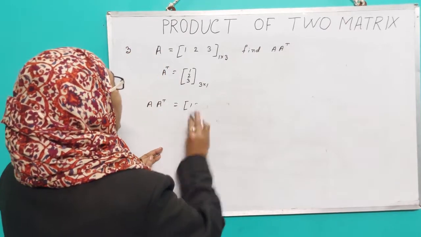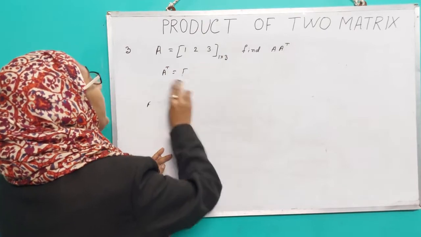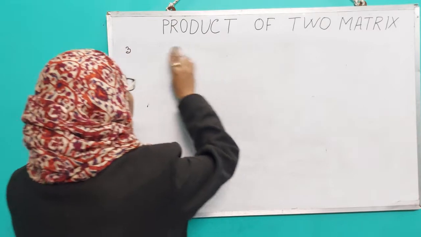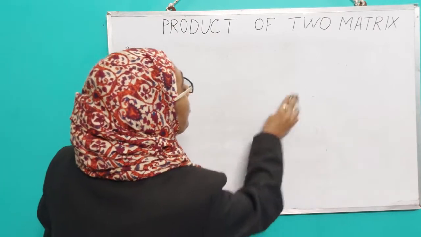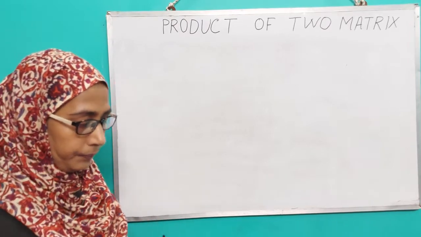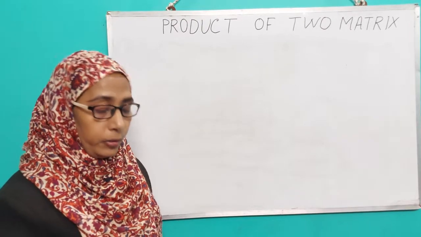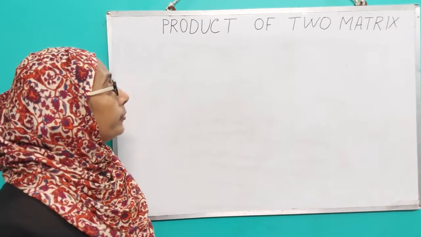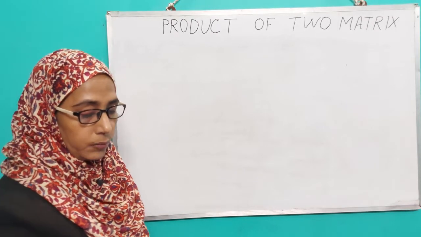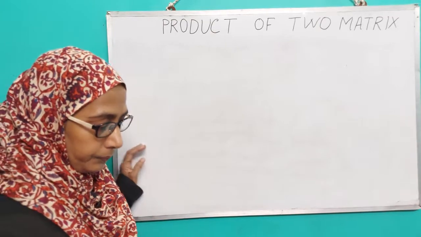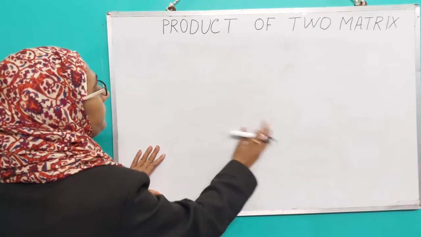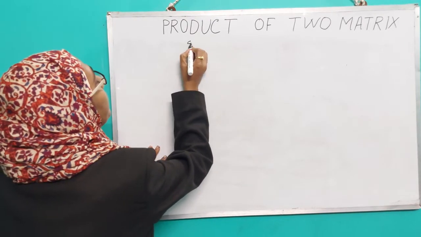Now, equality of matrices. Two matrices are said to be equal when they are of the same order and the corresponding elements are equal.